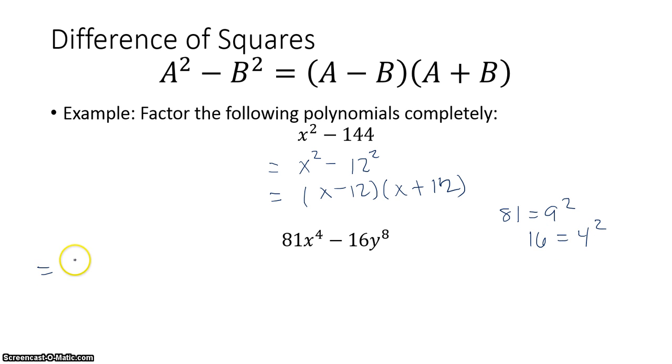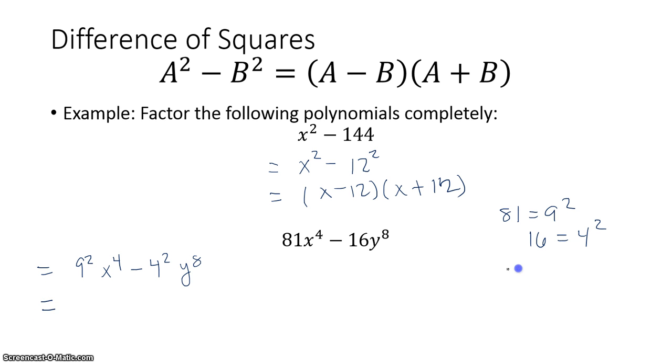So I'm going to rewrite this as 9 squared times x to the fourth minus 4 squared times y to the 8th. So we've taken care of these constants, and they're looking similar to these squareds that we're looking for. We're not quite there yet, though, because we need to recognize x to the fourth and y to the 8th that can be rewritten in another way.